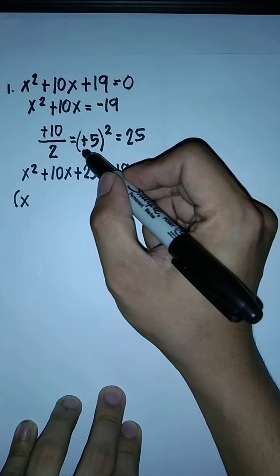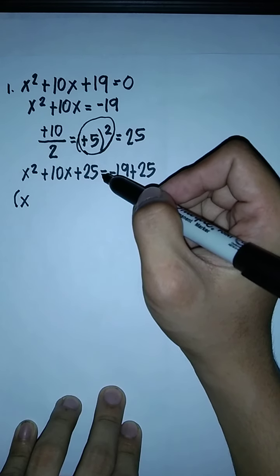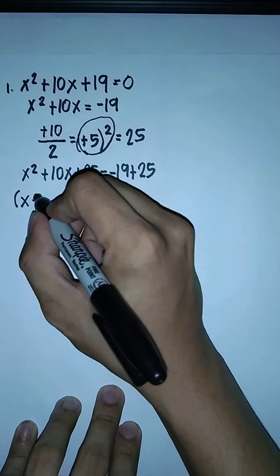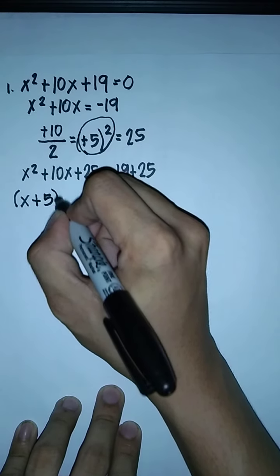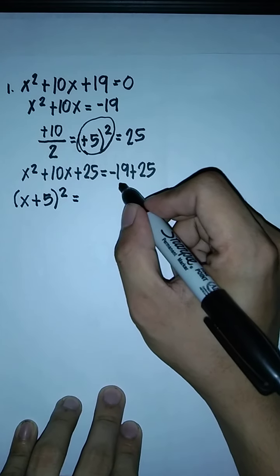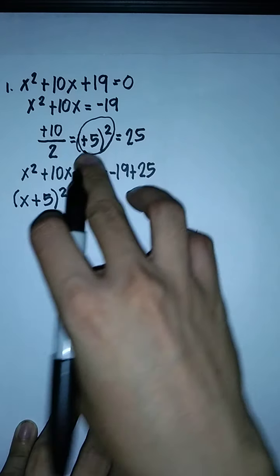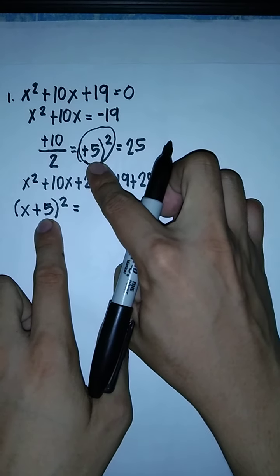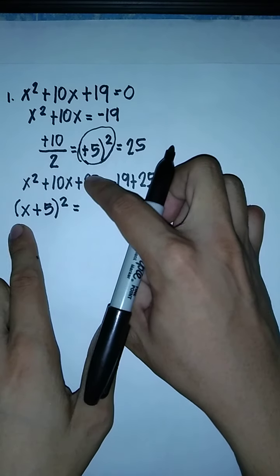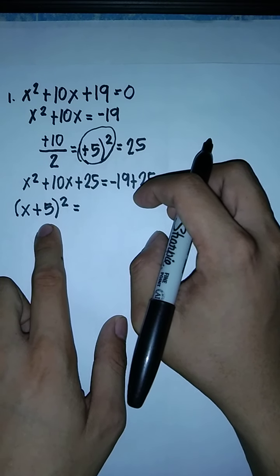So, kukopyahin ko lang itong term na ito. And then, I will put that into our equation. So, we have positive 5, and then yung close parenthesis and then yung squared. So, that is the squared equation. That is the shortcut. And mas madali yan.